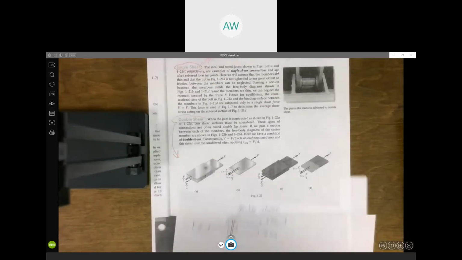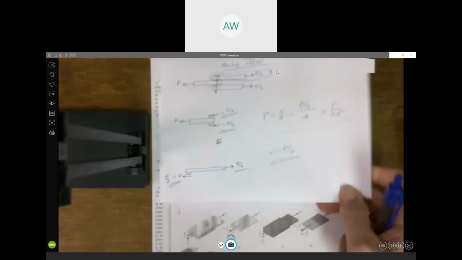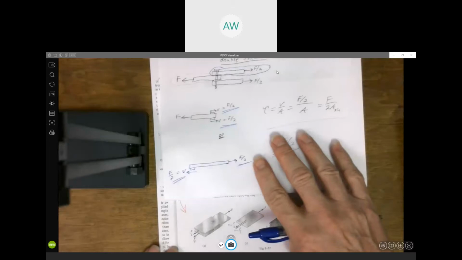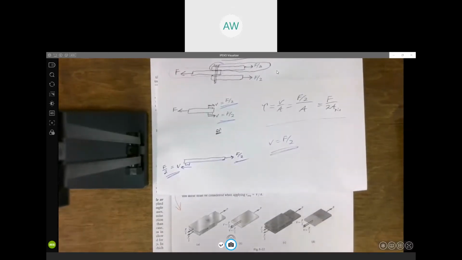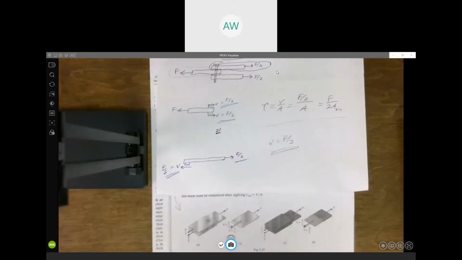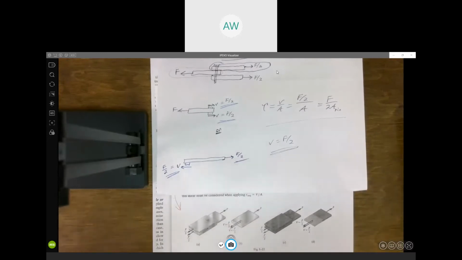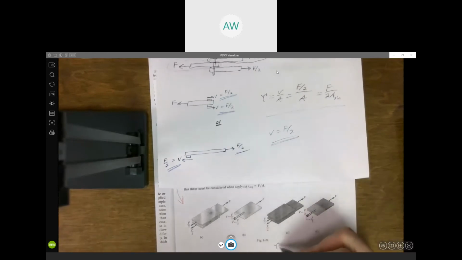And again, coming down here, looking at our 3D pictures might help you visualize this a little bit better. But again, when you do shear here, it's going to be F over 2 divided by the area.